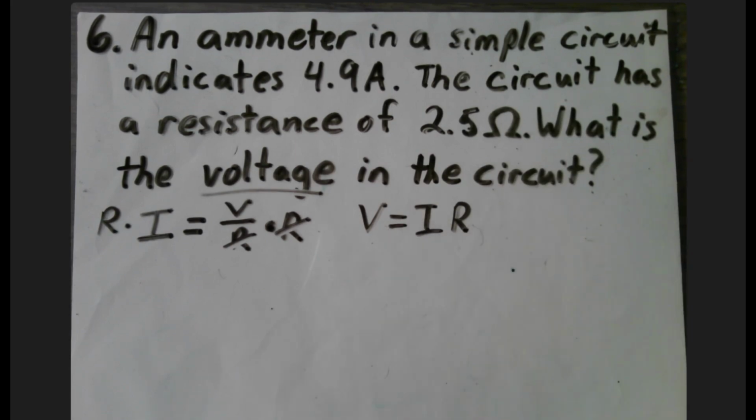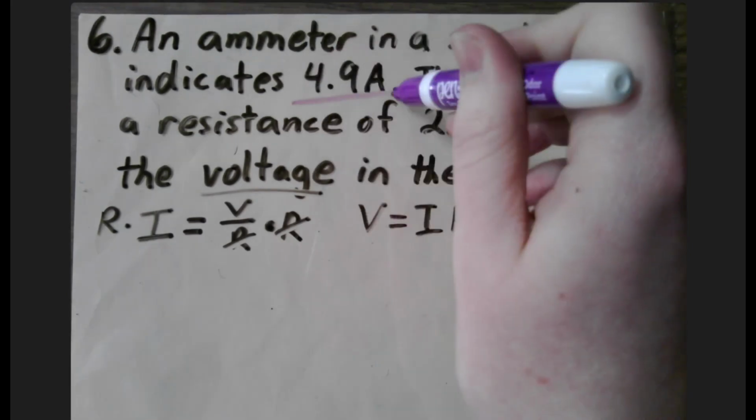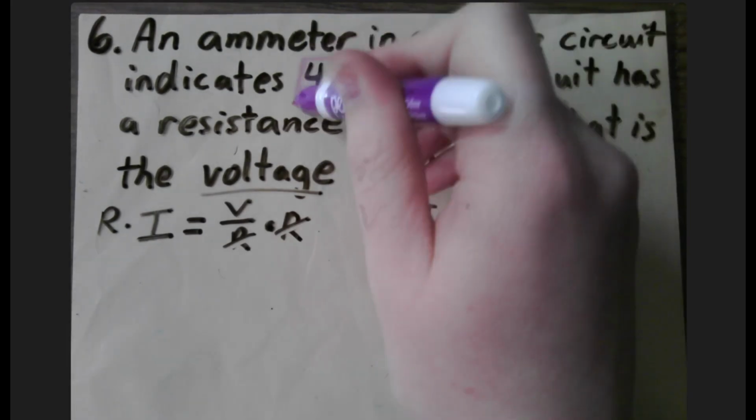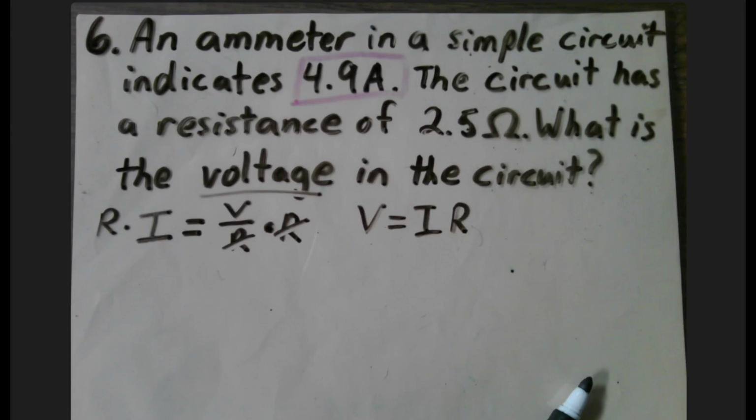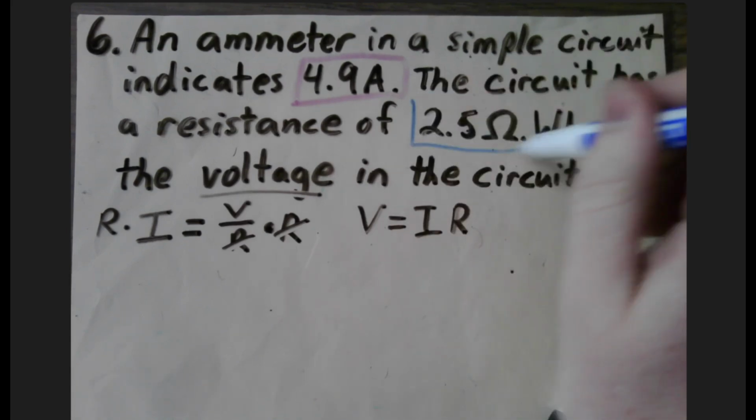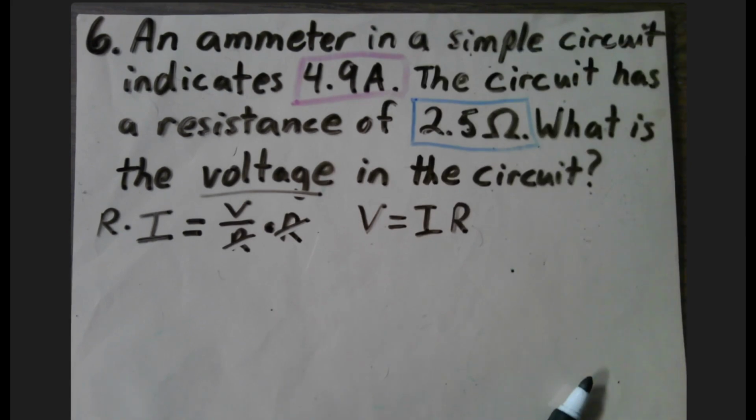And now we can solve for voltage. What we know in our problem for our formula is our current is 4.9 amperes. We also know that our resistance is 2.5 ohms.